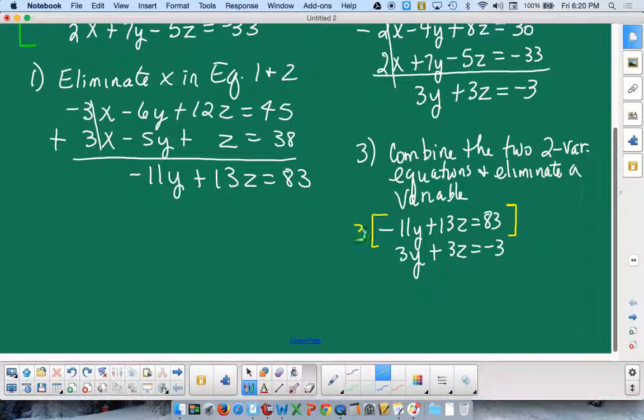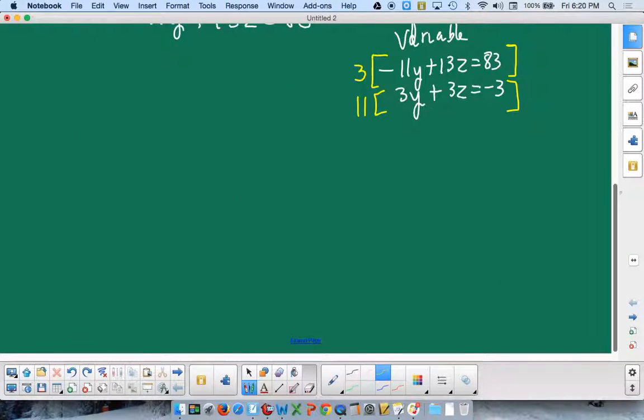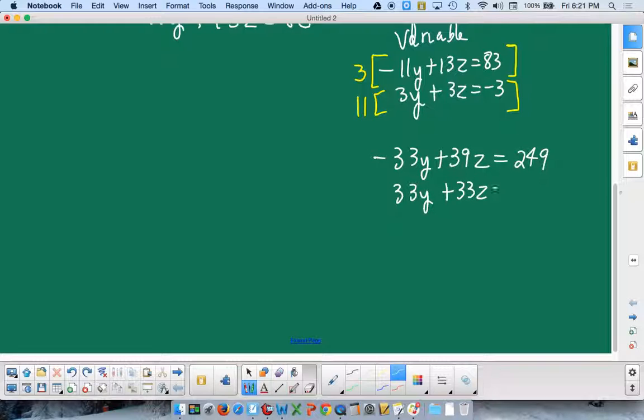So I'm going to take the top one times 3 and the bottom one times 11. I want them to stay one positive and one negative. So if I do that, I now have negative 33y, positive 39z equals 249. And then positive 33y, positive 33z equals negative 33.